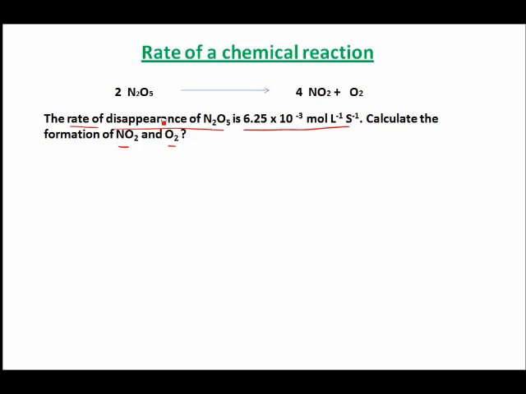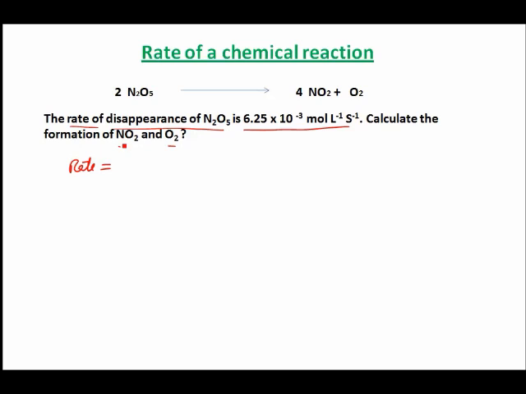The first thing we will do is write down the rate of reaction in terms of each reactant and each product. That will make things simple for us. So the first step, when you get this type of question, is to write down the reaction rate in terms of each reactant and each product.